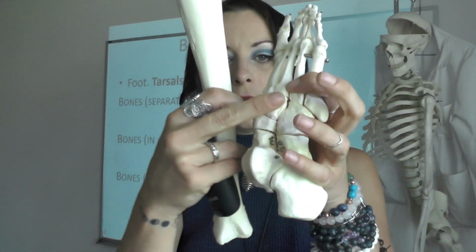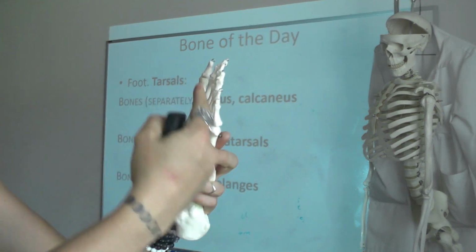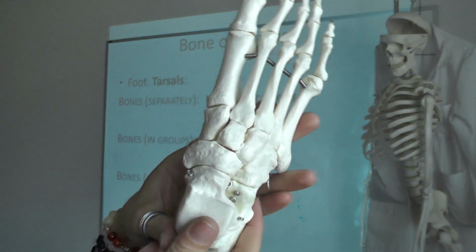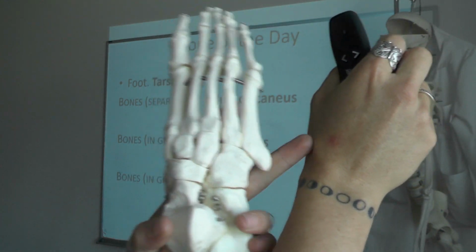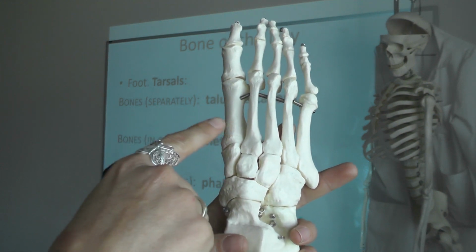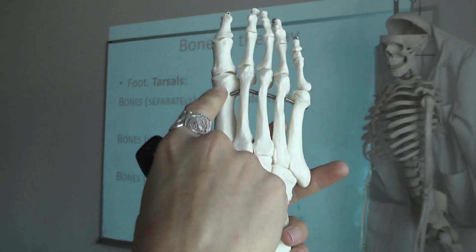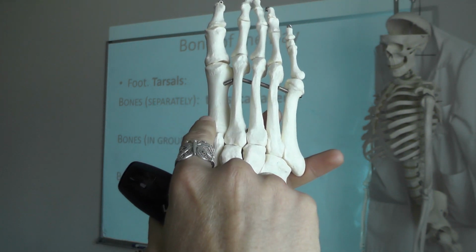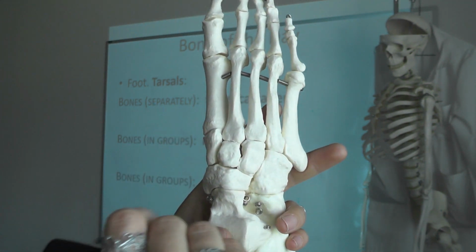And then we have our other tarsals, and then we have our metatarsals and our phalanges that we have in our digits. So just as in the hand, we started our numerals with the metacarpal that went with our pollex, we're going to start with the metatarsal that goes with your hallux. So this is metatarsal I, or 1, Roman numeral 1. This is metatarsal Roman numeral number 2, II.